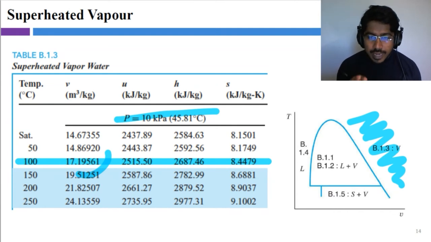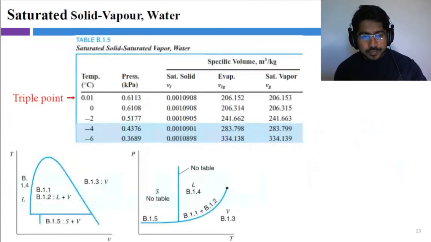Because for gases, the pressure really matters. With pressure, the characteristics really change. Therefore, we cannot assume that 10 kilopascal is somewhat closer to 20. No, we cannot do that. So we have to find exactly 20 kilopascals and then do the needful. So we'll look for 20 kilopascals, then go for 100 Celsius, then locate our property, right?